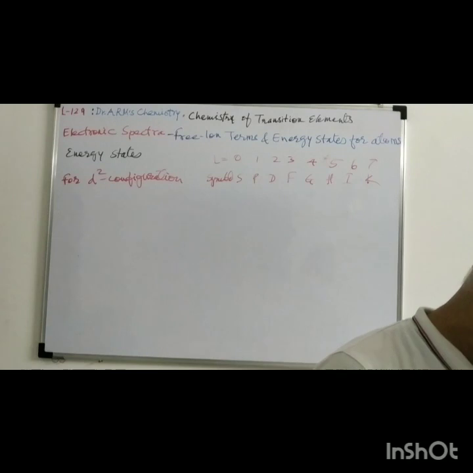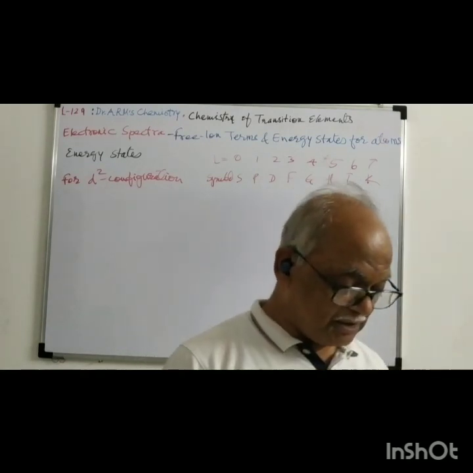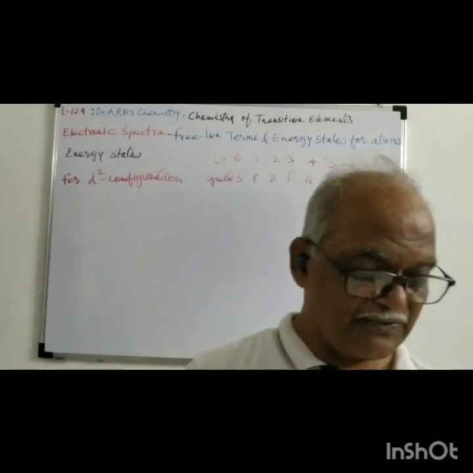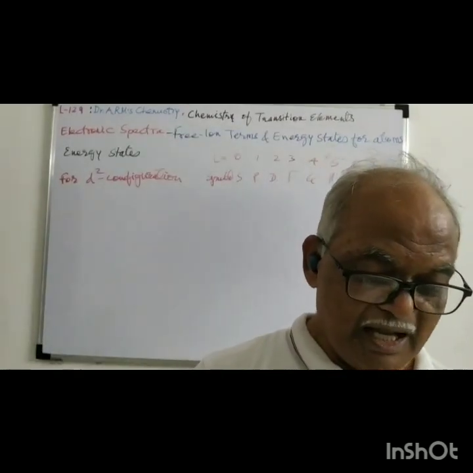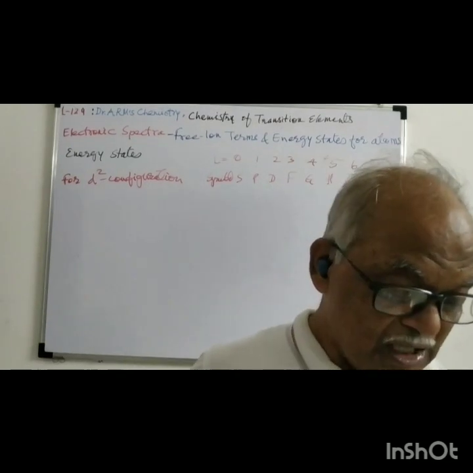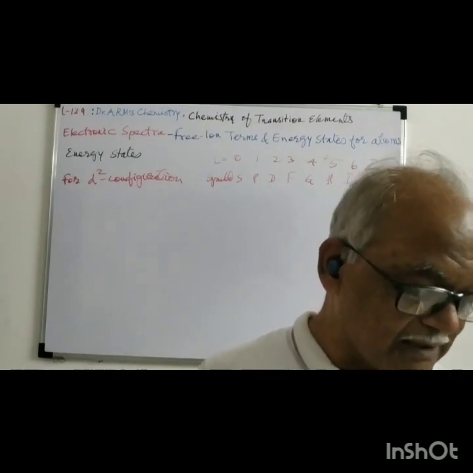So the coupling of L values for d electrons follows a similar pattern, except that for a d electron the L value is 2. So the arrow lengths are doubled.